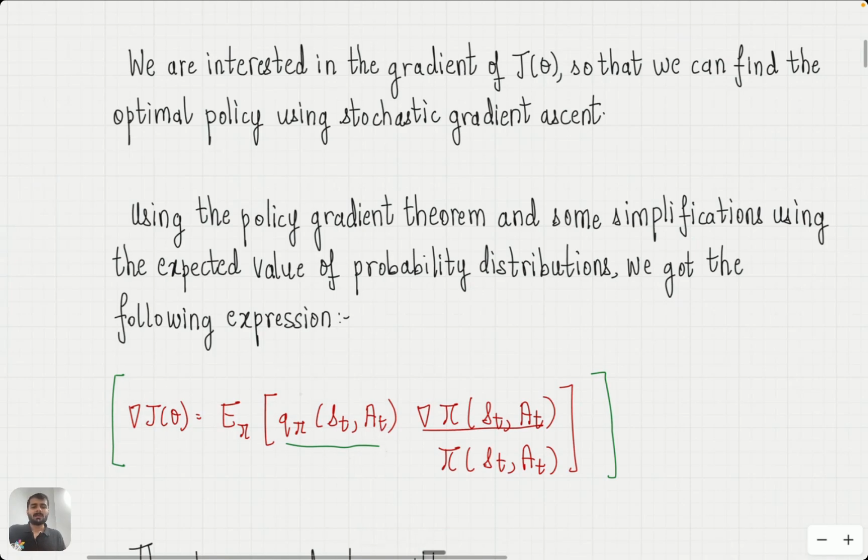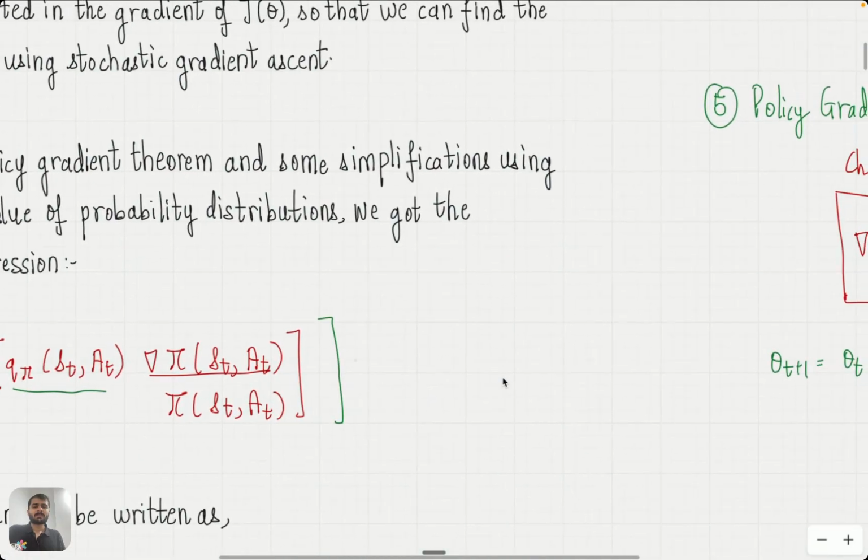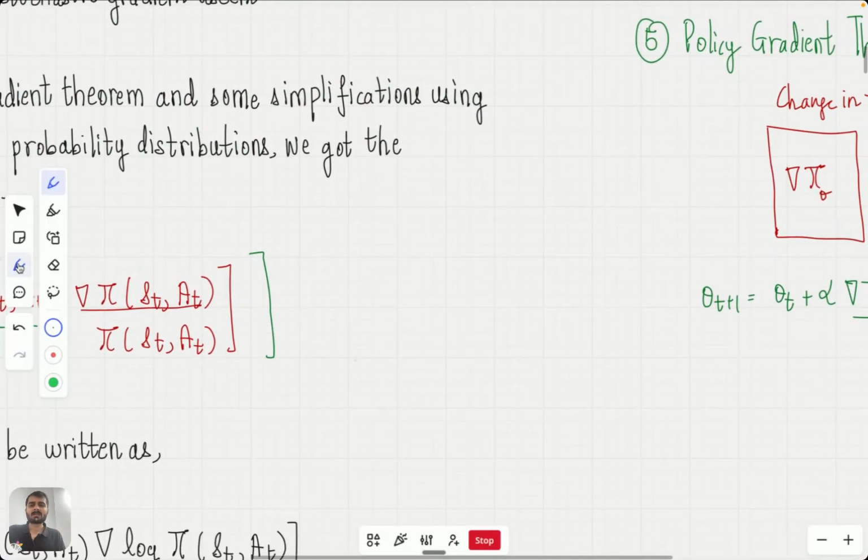Now, this term is something which we are going to encounter a lot. So I want you to get familiar with how the numerator looks and how the denominator looks as well. The intuition behind this whole expression is that, and please understand this carefully.